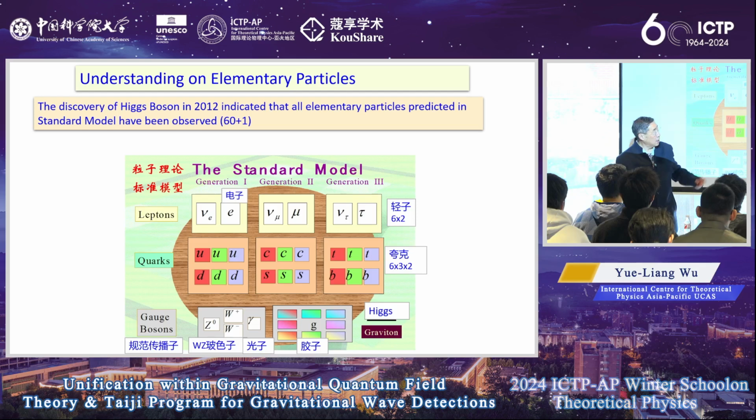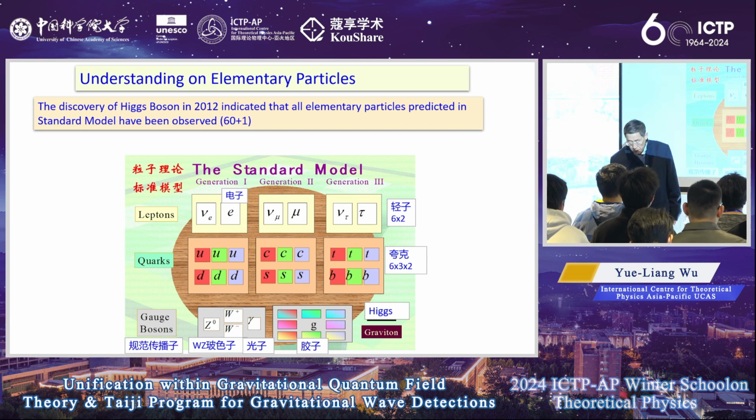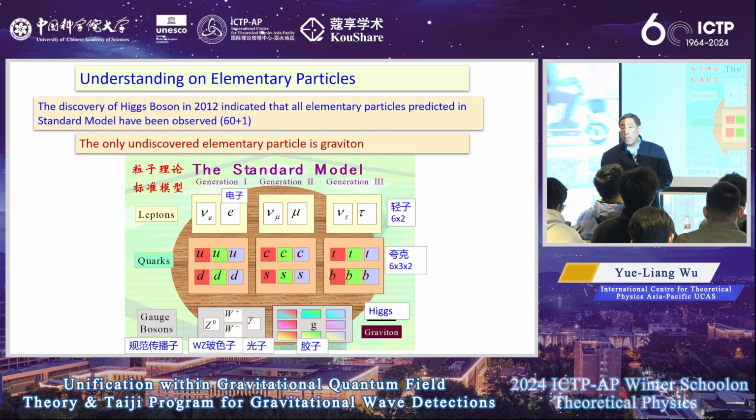Here are the fundamental particles, the leptons and quarks, which constitute our universe. And then there are interacting particles like the photon, electroweak bosons, gluon, and also the Higgs boson. The only undiscovered elementary particle is the graviton, which is predicted in quantum gravitational theories.